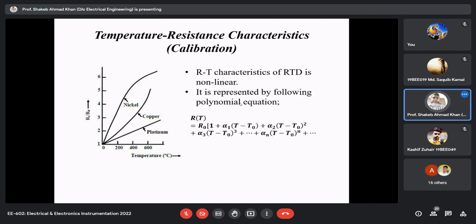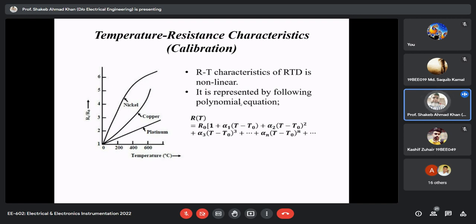If your relationship is a straight line, linear relationship, then a minimum number of data points are required for calibration. Do you agree with it or not? If it is a straight line, then only 2 data points are required. And if it is non-linear, then n number of data points are required.